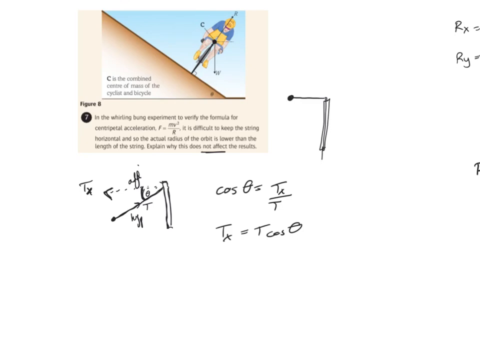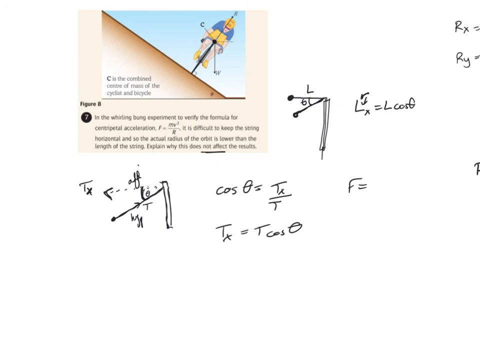The same actually applies for even the length of the string. So if this is the length of the string and it's at an angle theta, then we do need the component of the length that's in this direction. So that will be Lx is L cos theta for the radius. So we're talking about this being the radius, okay?